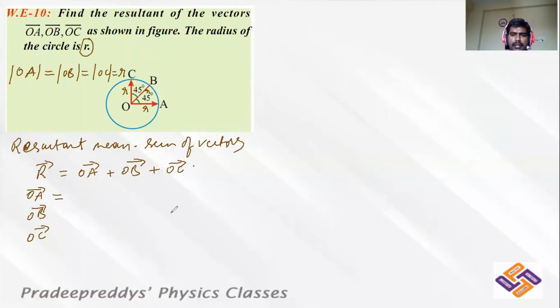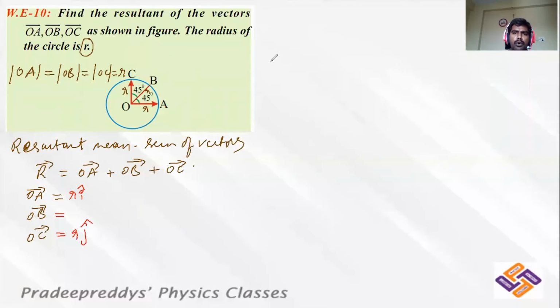So OA, simply I will write it as R i cap. Next, forget about OB for some time. I will tell you how to write it. Now coming to OC. How do you write OC? OC is along the y direction. What is the length of OC? It is R. And what is its direction? It is j. Okay, that is OC.